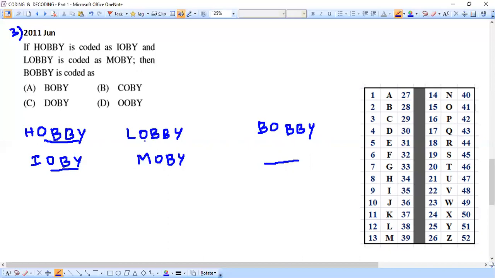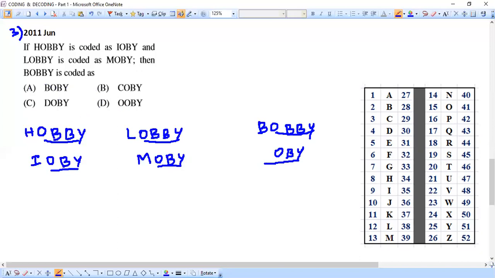And no doubt, our question word Bobby also ends with OBBY, and that means our answer must be ending with OBY. That is of no doubt. Why? Because all the answer choices have the same kind of ending, OBY, OBY, OBY, right?